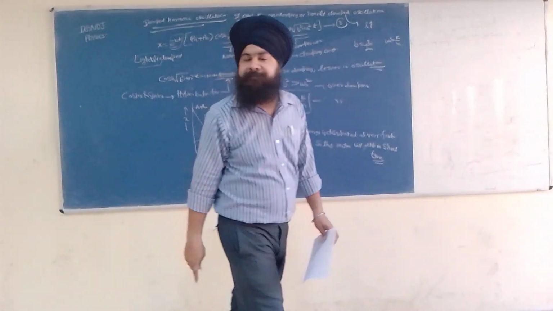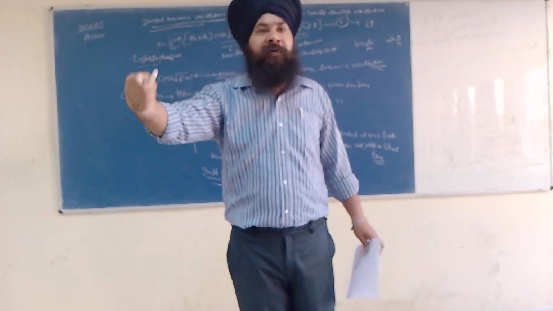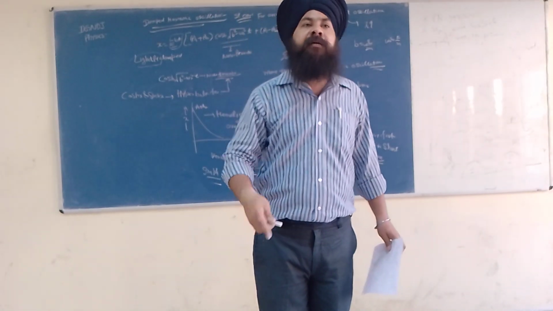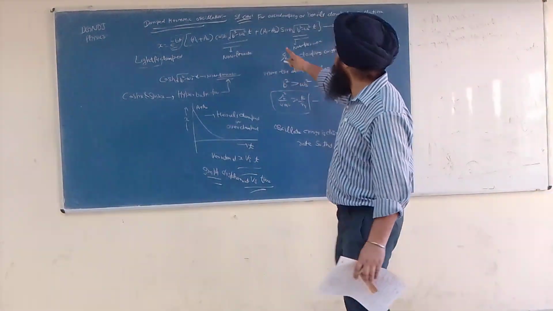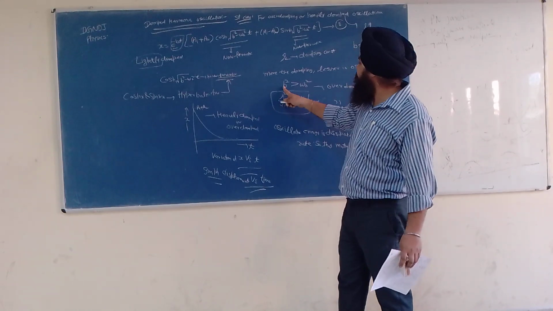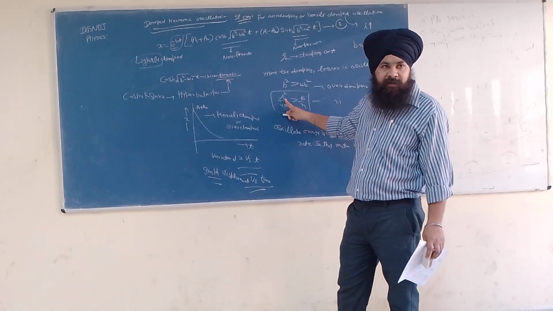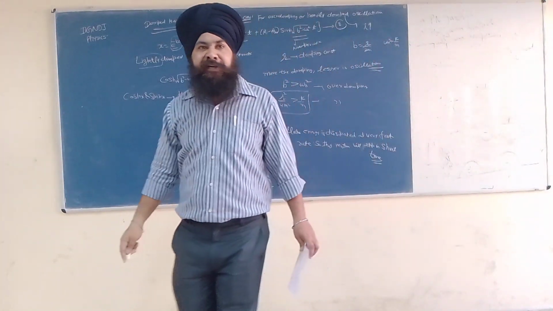Are you getting my point? Heavily damped means more the value of R. More the value of R means more the value of the damping constant, which means more the value of B, because B contains R. And for lightly damped, what will be the condition?